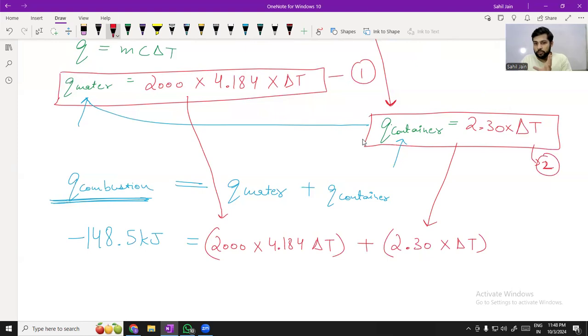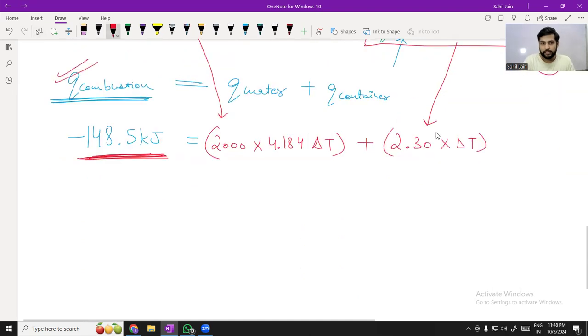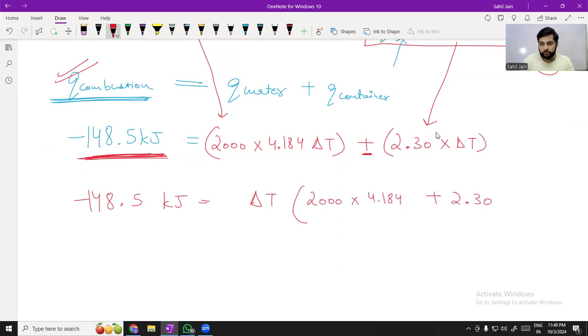Now this all would give us the total heat which is getting released by the combustion of ethanol. From the right hand side, from the RHS, what we can do to ease out the calculation is take the delta T common, because it has a plus sign in between. It would be 2000 times 4.184 plus 2.30.